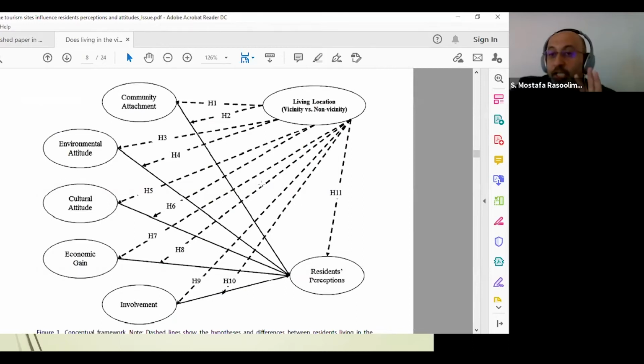Many papers investigated this relationship, the effect of some antecedent on perception. But why could we still manage to publish in this top-tier journal? Because of the theoretical contribution of this moderator. Most of the time, if you find a good moderator, it can be a significant theoretical contribution.